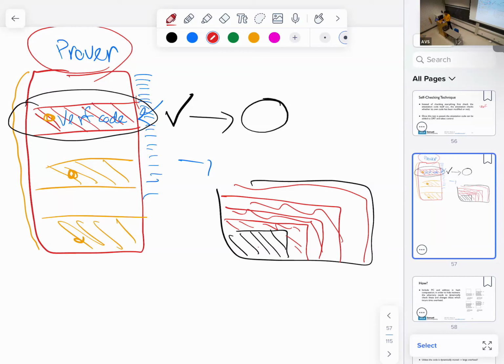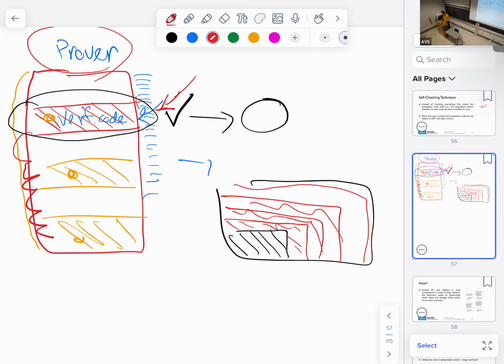So essentially I'm saying that I'm going to first find a method to trust this verification code. Then this verification code becomes my root of trust. Then everything that this verification code does, I'm going to trust. What this verification code is going to do is go through this content of memory itself and compute the hash. The reason for this is that I don't need to compute the hash over the entire memory anymore.